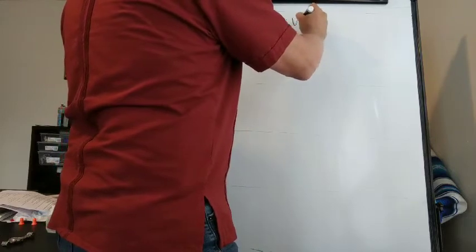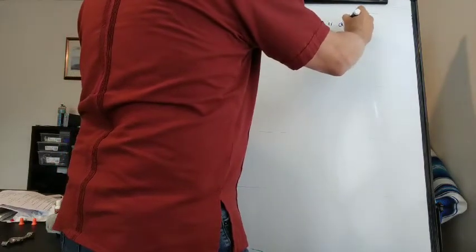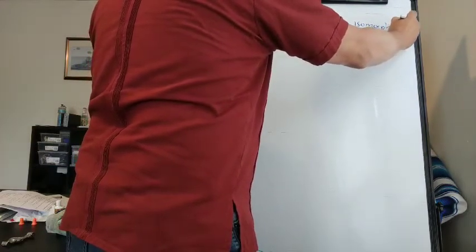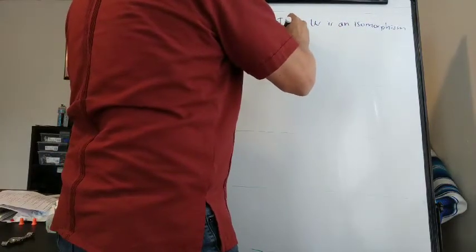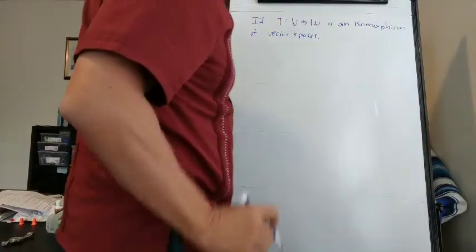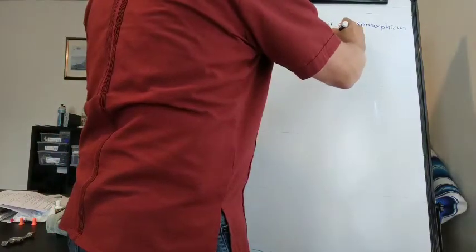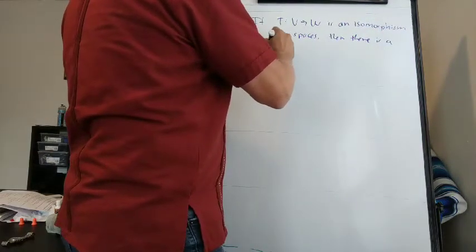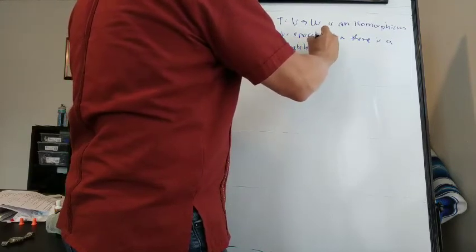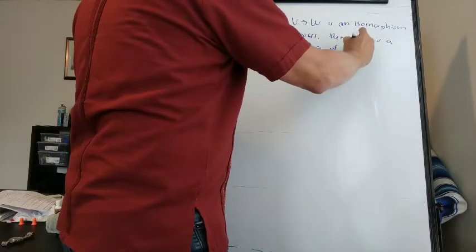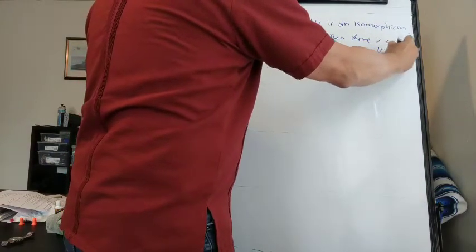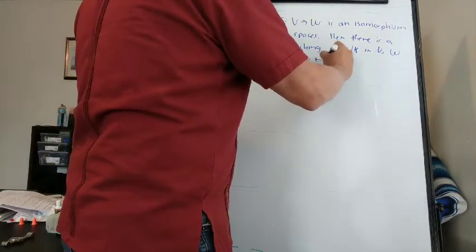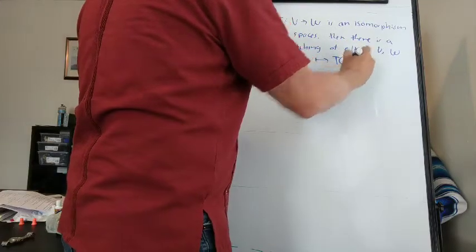So if T from V to W is an isomorphism of vector spaces, then there is a perfect matching of elements in V and W given by little v in the first space corresponds to whatever T of v is in the second space.